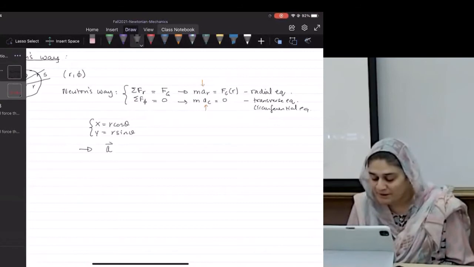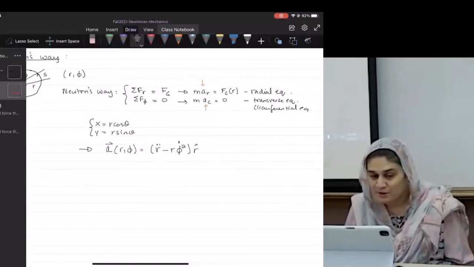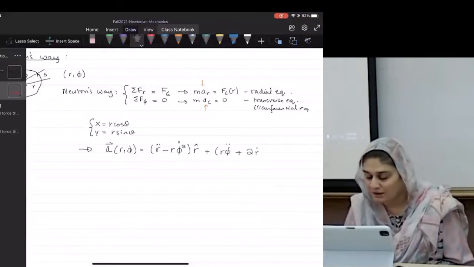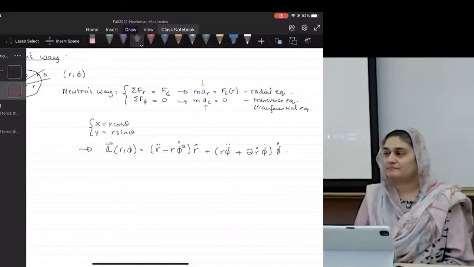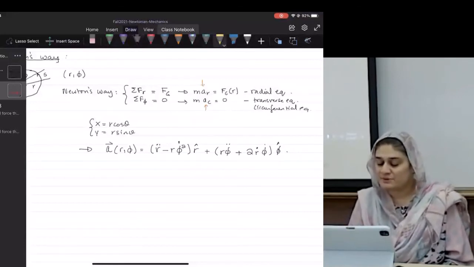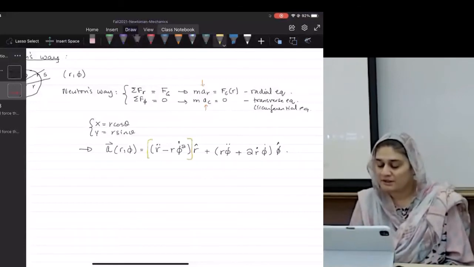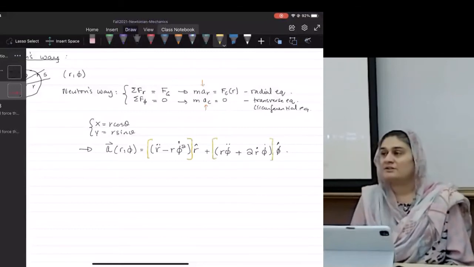Acceleration in polar coordinates as a function of r and phi will now be given as (r double dot minus r phi dot squared) r hat plus (r phi double dot plus 2 r dot phi dot) phi hat. So in order to come up with these equations, we have to take this part and plug it in for the radial equation and this part and plug it in for the transverse equation.